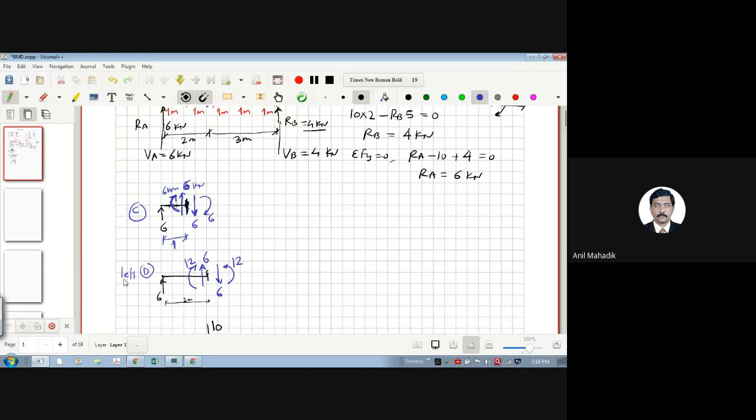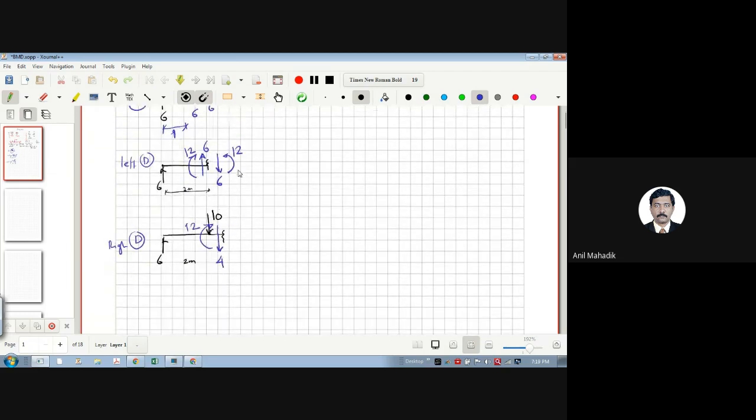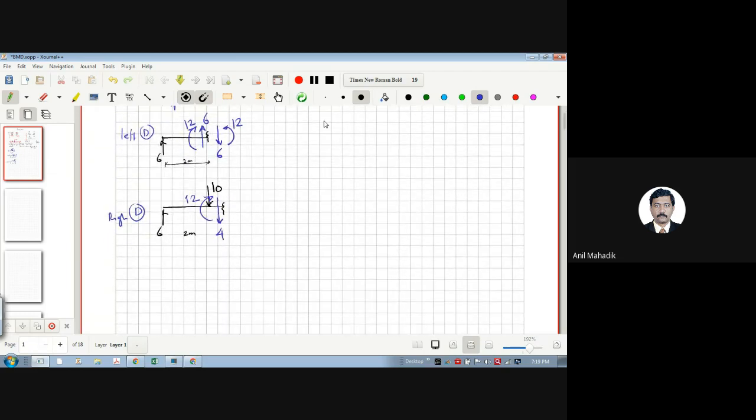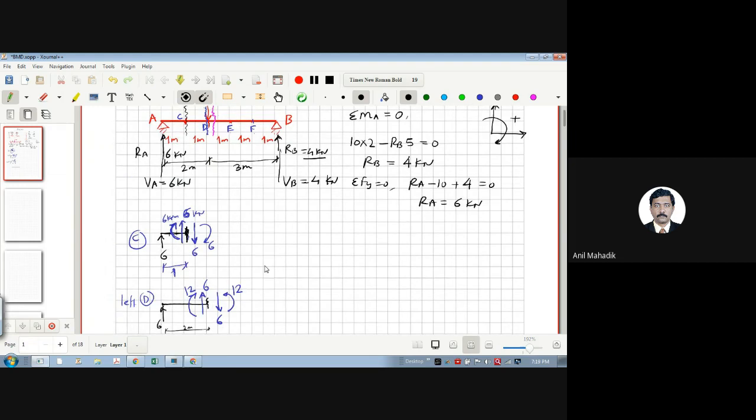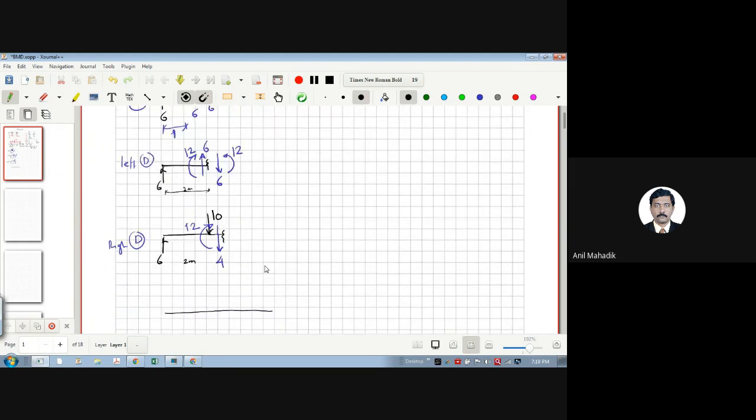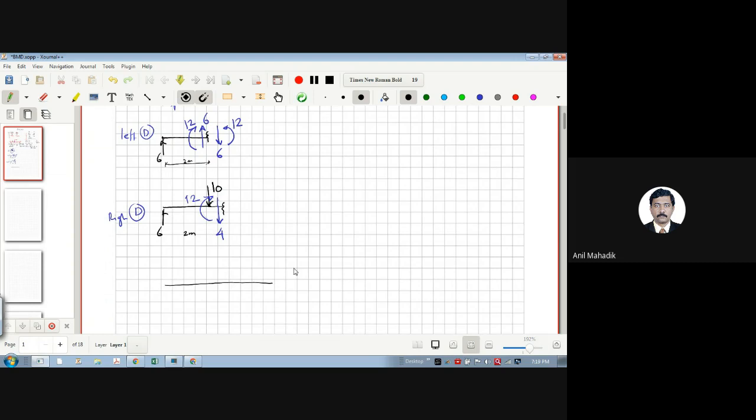Now let's take directly F. So if you consider the F section, something here. This is F. Okay.